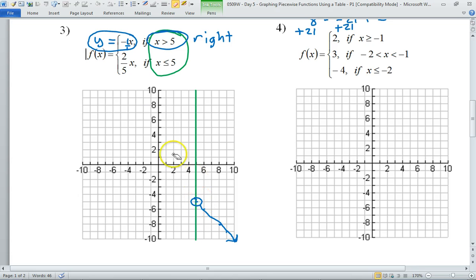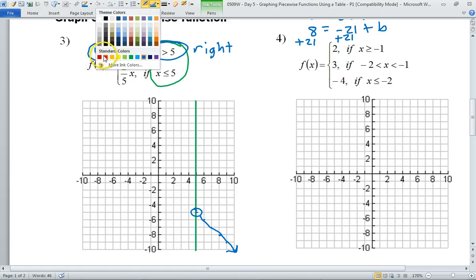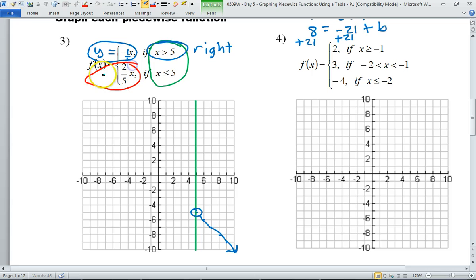Okay? Now I'm going to do the other part. Did I color it yet? Oh, no, I'm drawing it now. Alright, so now I'm going to do the red part. Okay? So now I'm going to do the line y equals 2/5 x. Again, so Hunter, watch, that y-intercept again is going to be 0.